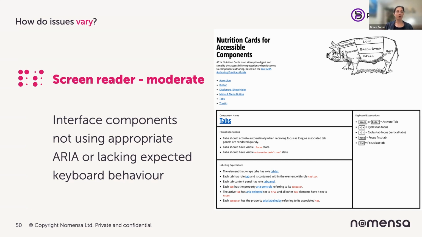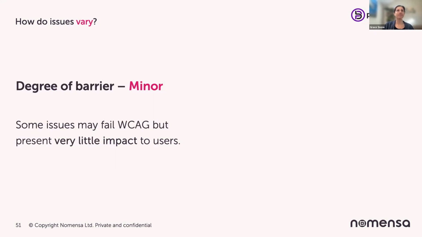So say on an accordion, if someone has left off the ARIA expanded and not communicating the expanded or collapsed state of that accordion, that's frustrating, but you would still be able to work it out by moving on to the next bit of content and finding if it's open or not. You can go back, click it again, then go forward again. So it's frustrating, but it's not severe in that case, and it's not a blocker in that case.